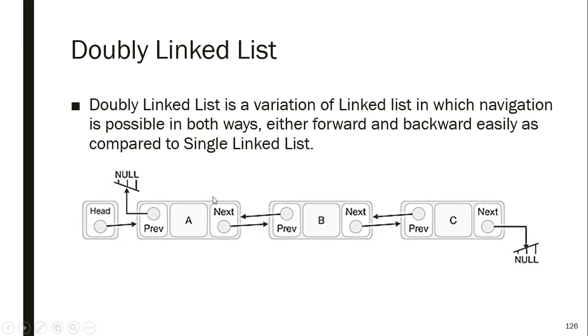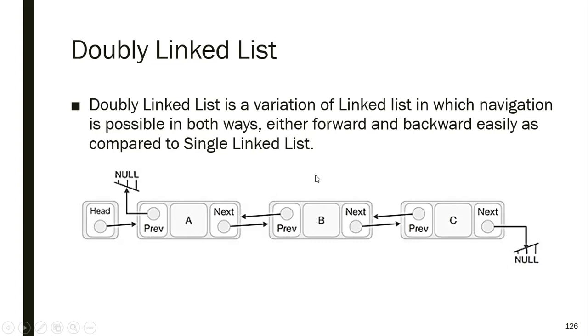For every node there is not just a pointer to the next location, there is also a pointer to the previous location. There is no previous than the first one, so previous of the first one will point to null, as next of the last one was pointing to null, and previous of the second one will point to the first node, and previous of the third will point to the second node. So it will be a doubly linked list.